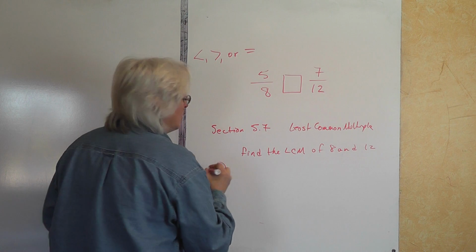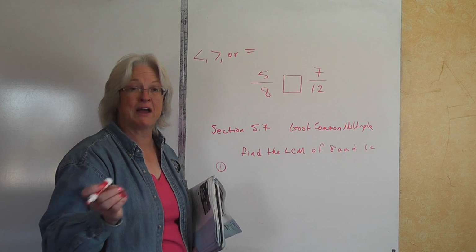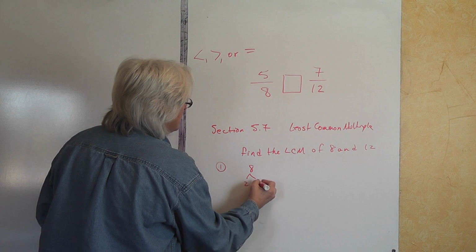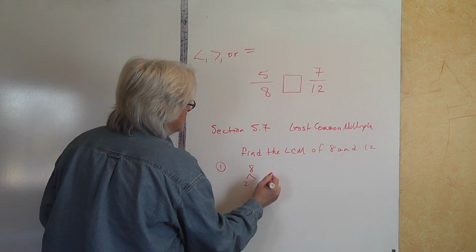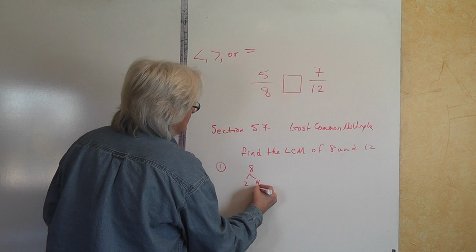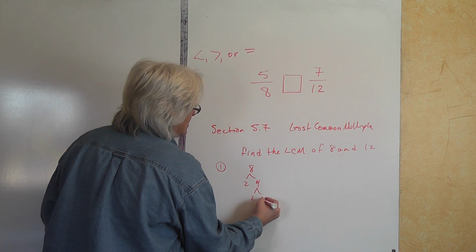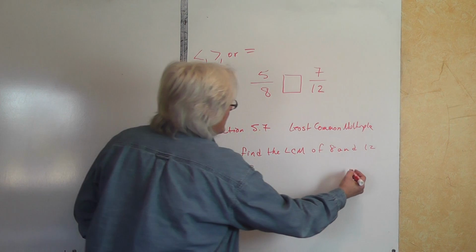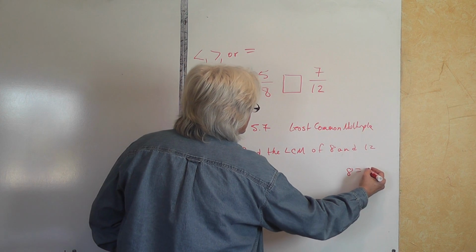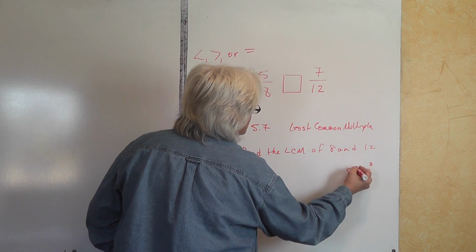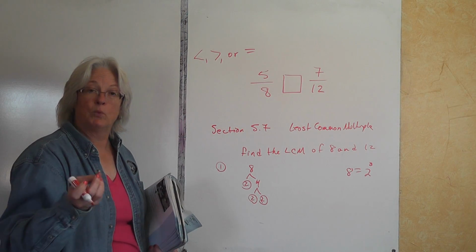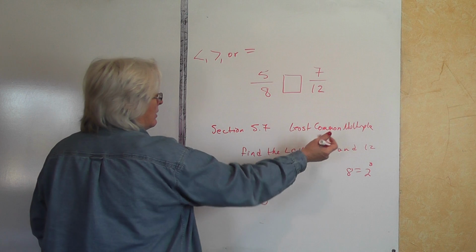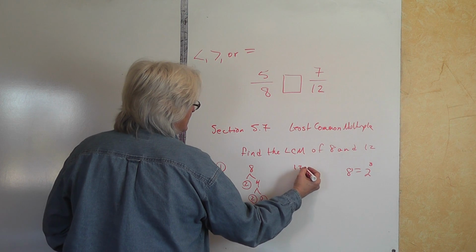First, we find the prime factorization of each number. 8 can be prime factored this way, so that we see that 8 is equal to 2 times 2 times 2, or written with exponential notation as 2 cubed.